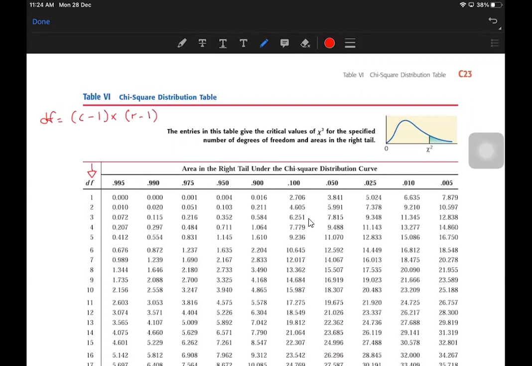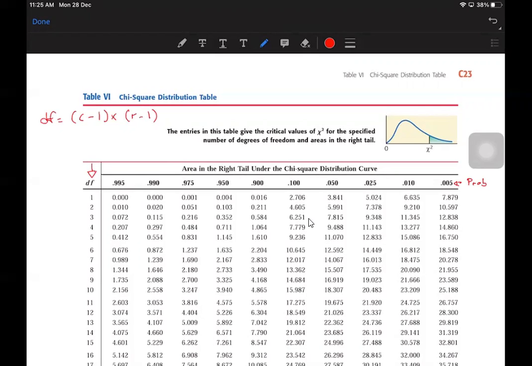This is how we calculate our degree of freedom. The first row here is our probability for chi-square, or we can just put probability, because we can use it to calculate our p-value if we want.